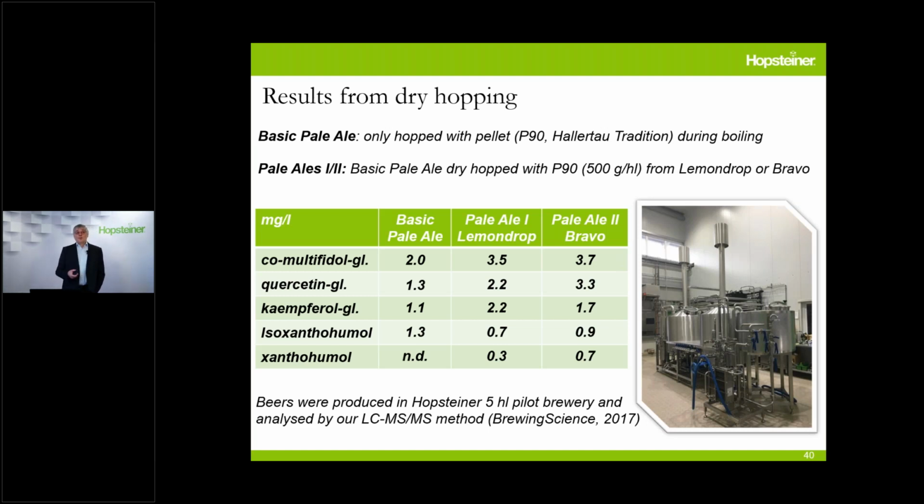These components are very polar, so they are transferred to beer via dry hopping. And xanthohumol goes down, probably because of some precipitation, haze building. And xanthohumol, on the other hand, can be introduced to the base beer via dry hopping. So this is the picture coming from the dry hopping.